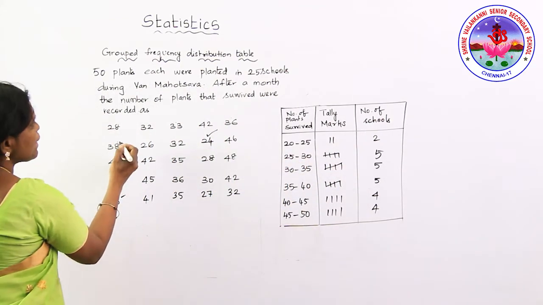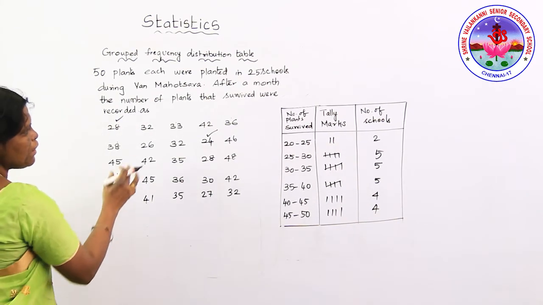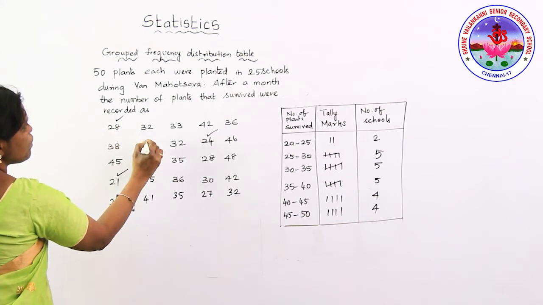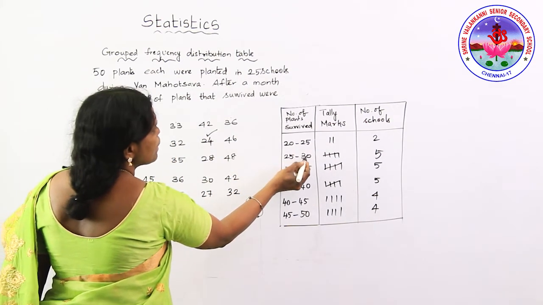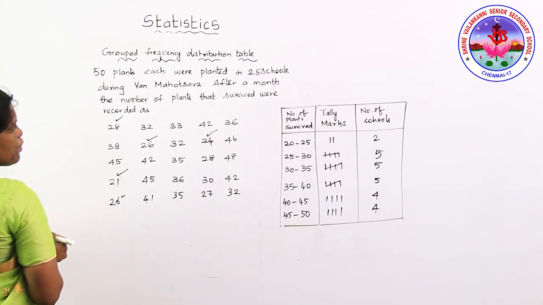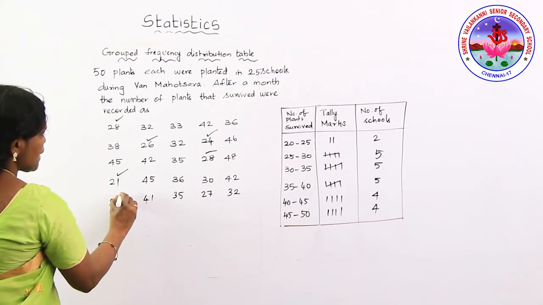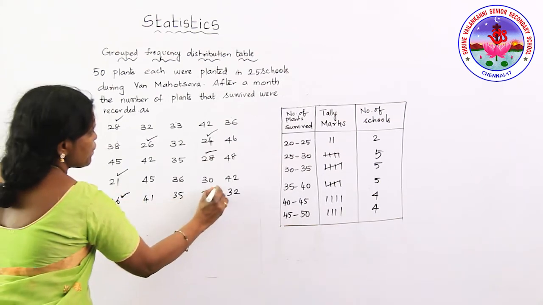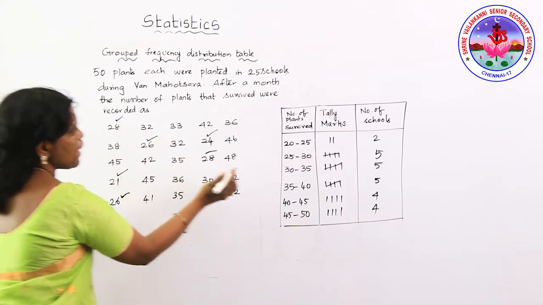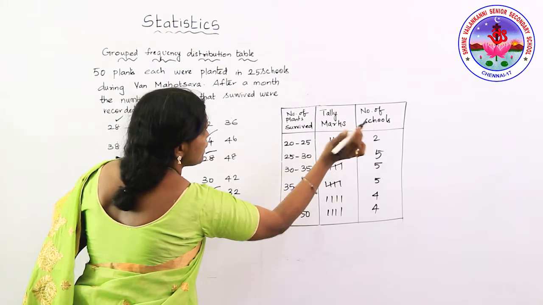Now 25 to 30. If I calculate, I find that 5 schools have plants which fall under the category 25 to 30. Let me see now. 28, 26, 28, again in this category 26 and 27. So the total of 5 schools have plants which fall under this category 25 to 30.